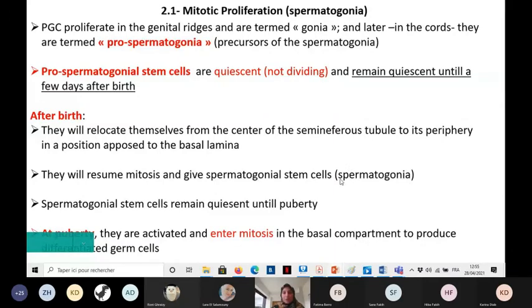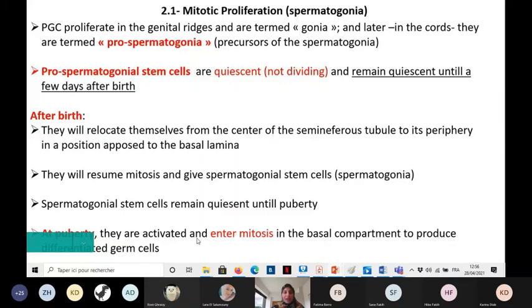So the formed spermatogonia will be quiescent after birth until puberty. Quiescent means they don't divide. They will remain quiescent until puberty, and it's only starting at puberty that they are activated and enter mitosis, so they can start to divide and later differentiate to give the germ cells.